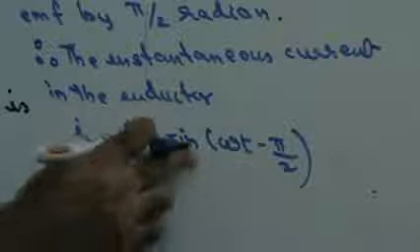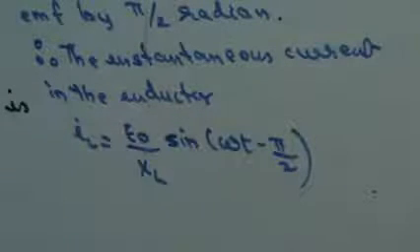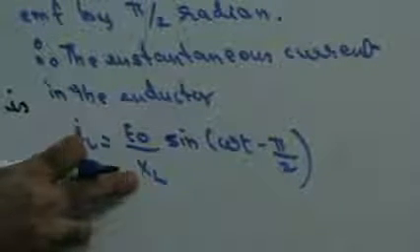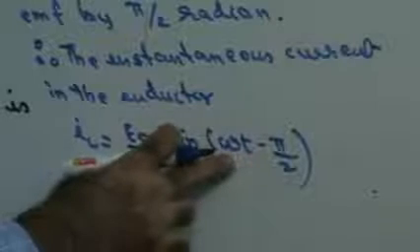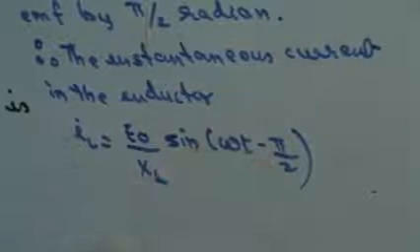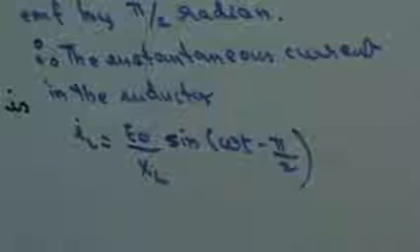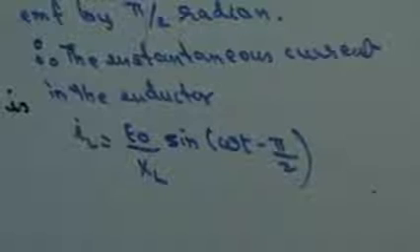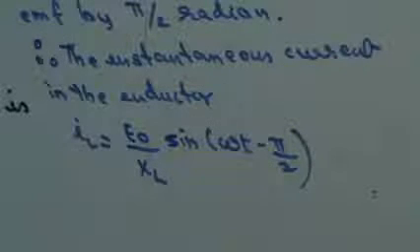Since it is instantaneous current, therefore sine omega t. Current by Ohm's law is E upon resistance. Instantaneous, therefore sine omega t. Lags, therefore minus pi by 2. Right? Now, this is going to be nothing but sine of minus pi by 2 plus omega t. Sine of minus theta is minus sine theta.